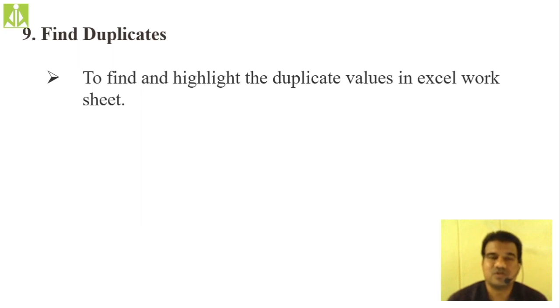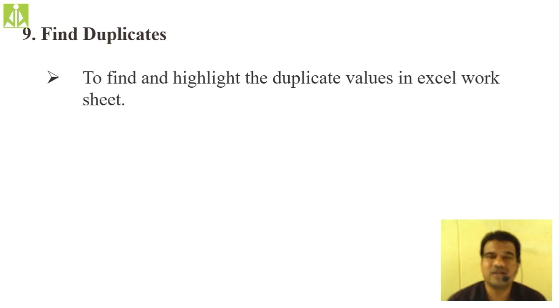So finding duplicates is a feature similar to avoiding redundancy in database management systems, because your Excel sheet, when we are maintaining data, is also an example of a database. We can call it a database. Having duplicate values inside the database is a problematic thing.